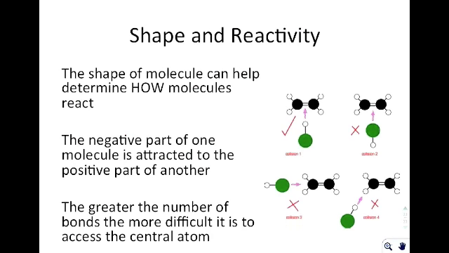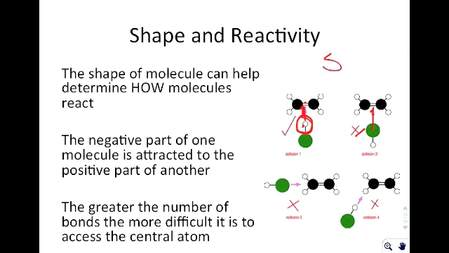Now, the shape and the reactivity. The shape of the molecule will determine how molecules react, in fact, how reactive they are. A lot of times, the interaction of molecules works like this: if a molecule can hit this part of this bond, it will form a way in which this thing can connect to these molecules. But if the orientation is different, it can't get there. Think about that in terms of a molecule.